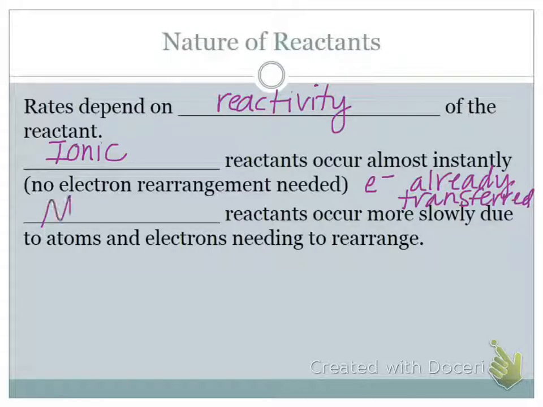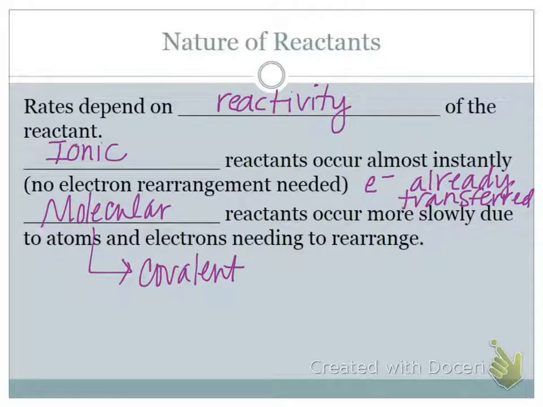If it is a molecular reactant, and molecular means the same thing as covalent, it's going to occur more slowly because you're having to rearrange the electrons. Okay, so these are very fast, and the molecular are a lot slower. Everybody have that?